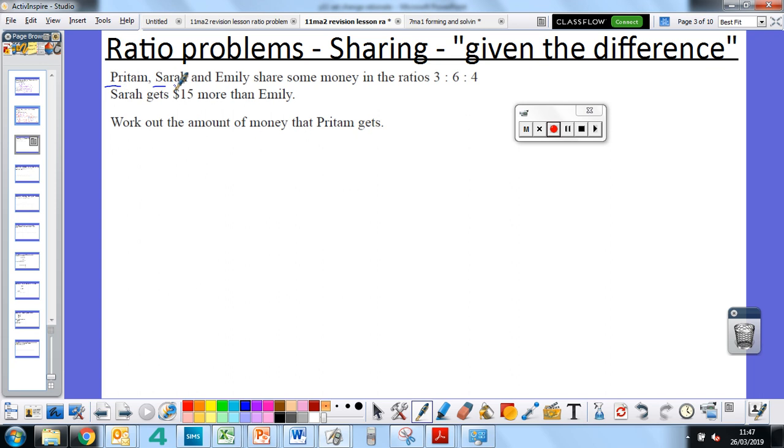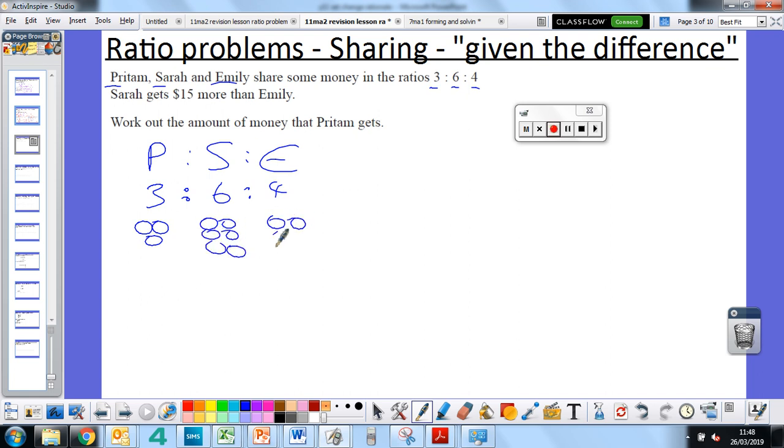Pritam, Sarah, Emily, so P, S, E, share some money, 3 to 6 to 4. So 3 to 6 to 4. Now, if you think about that, there's 3 parts here, 6 parts here, and 4 parts here.